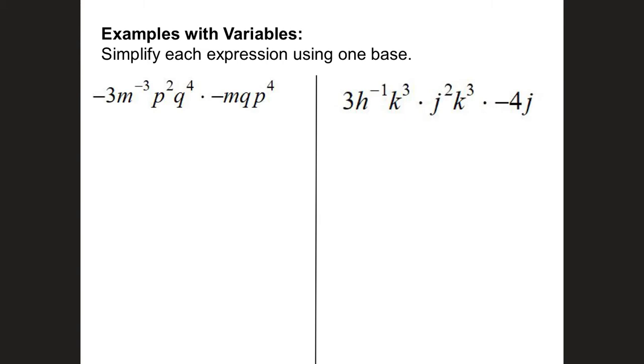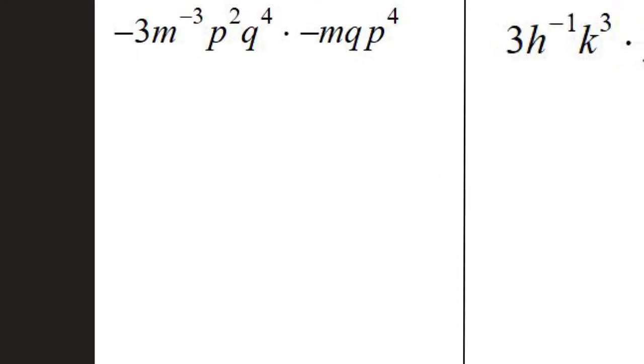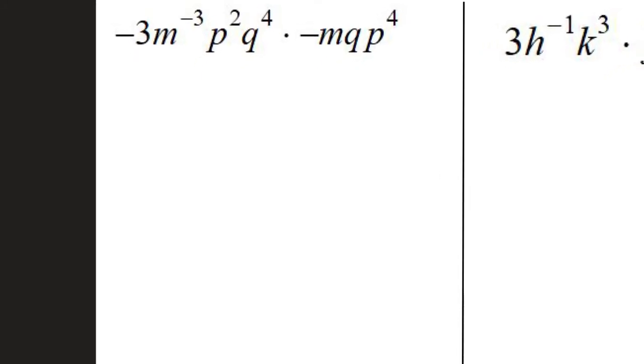The following examples are following the same process. However, now we have 3 variables. So if I look at the first example, I'm going to first again just look for our numbers. So the first term, there's a negative 3, and then there's just a negative, so I can assume that this is really a negative 1.